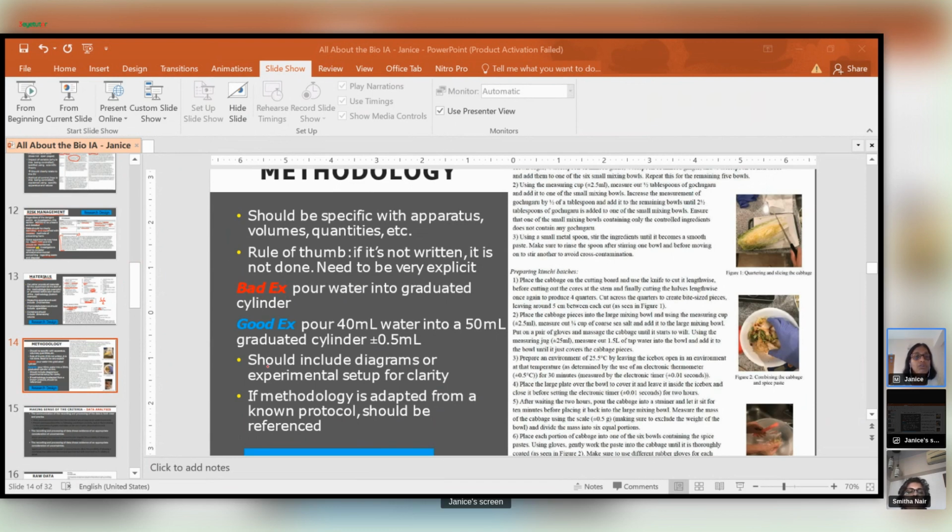You should include the diagram and your experimental setup for clarity, relevant to what you've written. Your face should never be shown. That is another thing IB wants. Your face should never be shown in the record when you write the record.